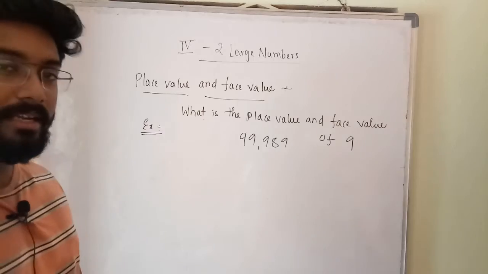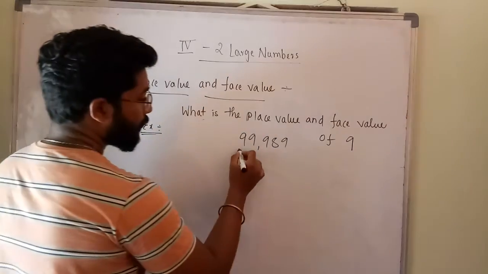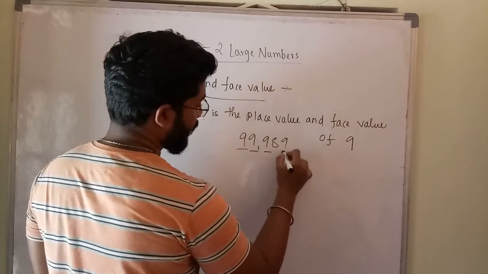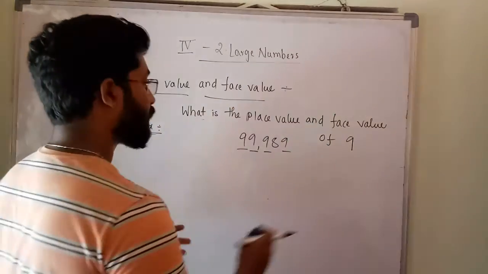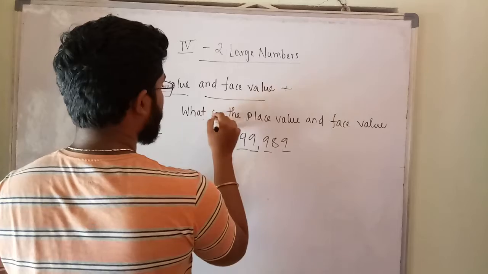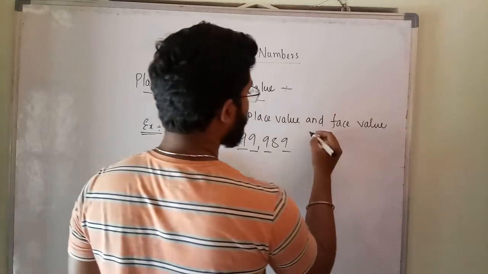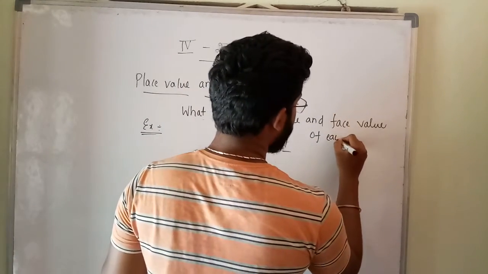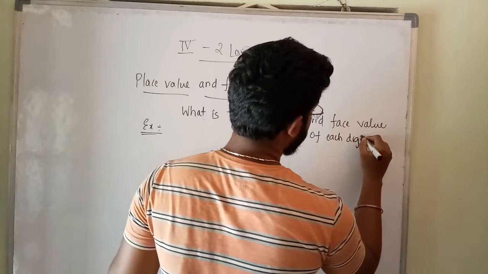Which 9? I didn't say. So you have to find for this and this. Okay, let us take: what is the place value and face value of each digit in the number.